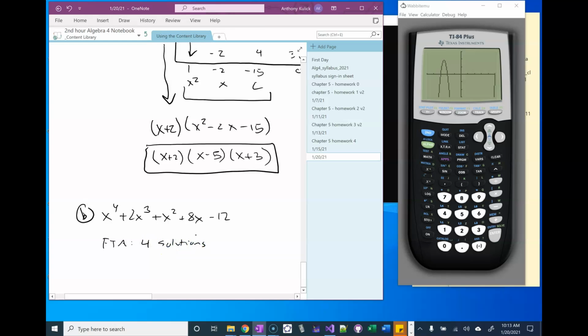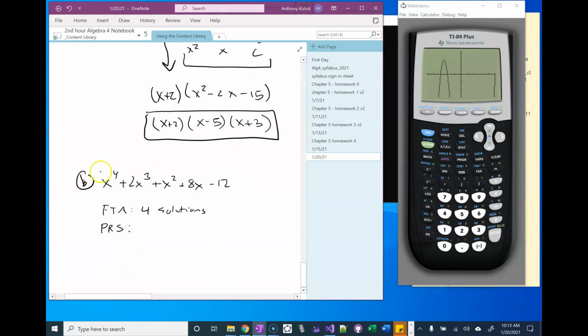Well, the degree tells us we should be looking for 4 solutions. My possible rational solutions are going to be the factors of 12 over the factors of 1. So I skipped writing the factors of each of those and just wrote that. Is everybody okay with me doing it that way? Okay. And then we'll go to the graph and check out what we see.